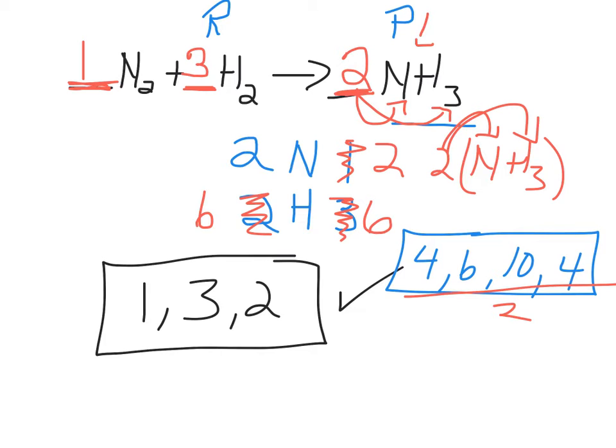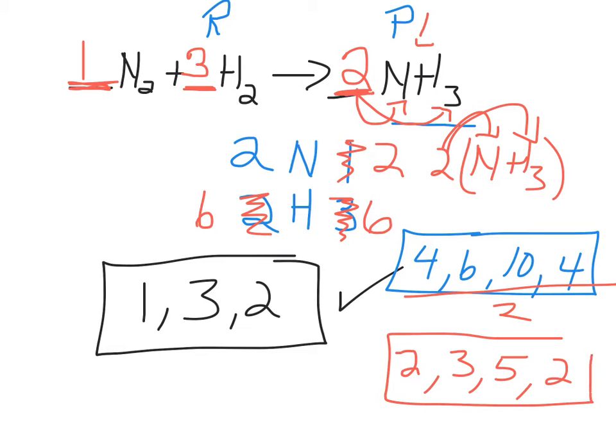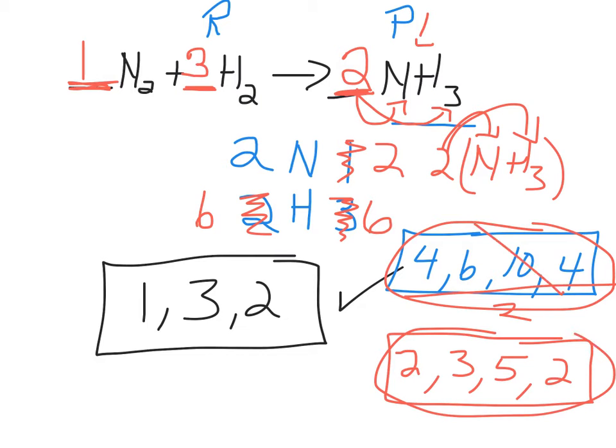So 4 divided by 2 would give me what? 2. 6 divided by 2 would give me what? 3, very good. 10 divided by 2 would be 5. And 4 divided by 2 would be a 2. So your most reduced is your correct coefficients. If you can reduce, you have to reduce. Okay, if you put this instead of this one, it will be incorrect. All right, you must reduce it if you can.